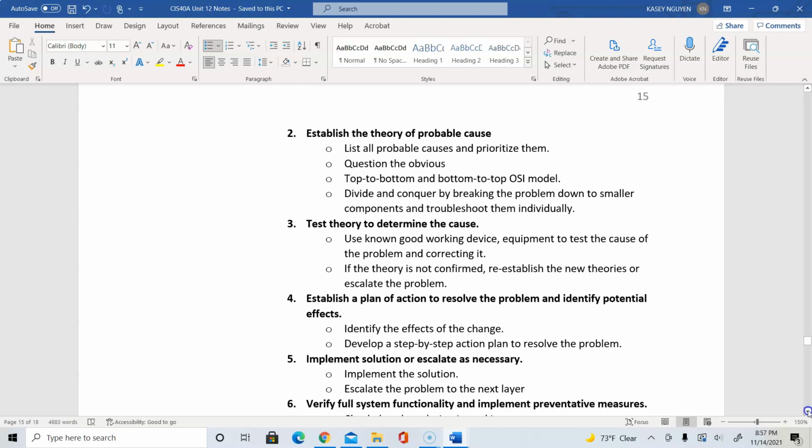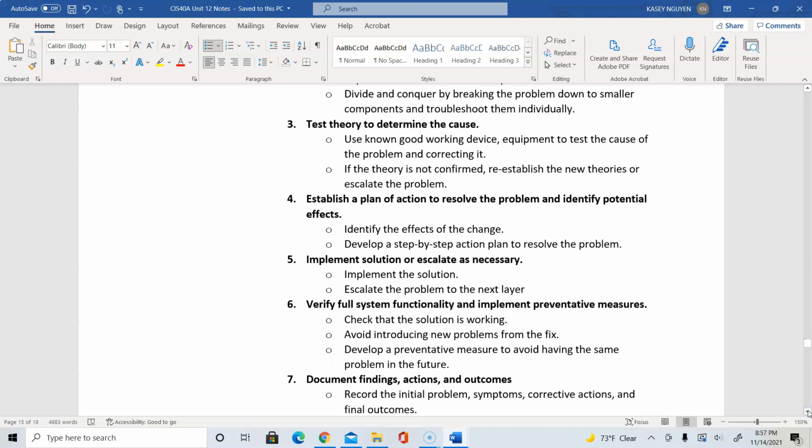Then next, once we have identified the cause and tested the theory, we would establish a plan to solve the problem. But first, we need to identify the effects of change, because sometimes when we solve a problem, we can create other problems. So we would develop a step-by-step action plan to solve the problem and try to mitigate other problems when solving it.